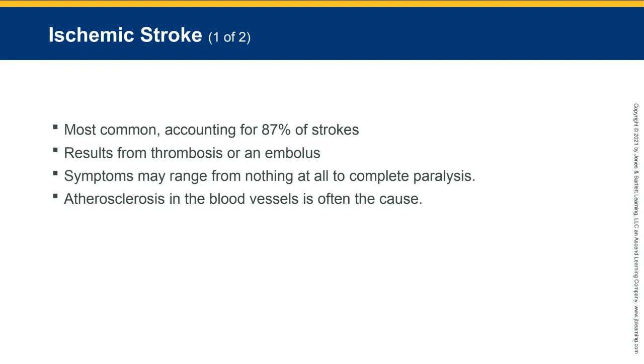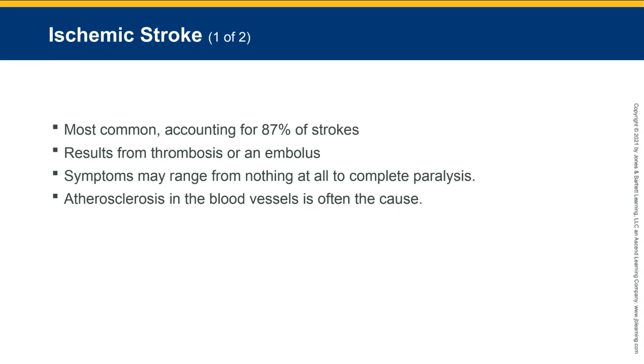And I explained the difference between a thrombosis and an embolus, I believe it was the last session, but I'm going to go over it again. The thrombosis means that the clot forms in the area. So that's a clot that forms in the area.